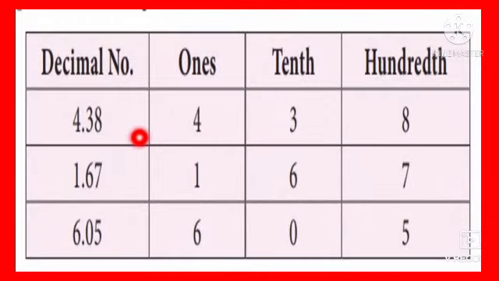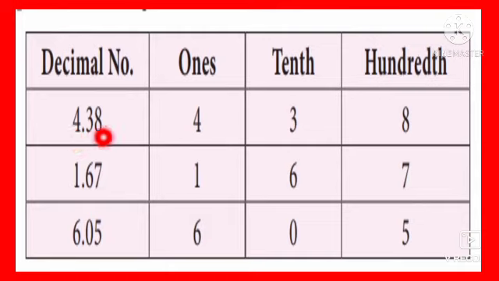Now children, we are going to add these two numbers by using the place value grid model. First, put the tabular column, a table for the given decimal value, the place value chart. Okay, 4.38. The 4 in the whole part: there is only one digit, so it is the ones.